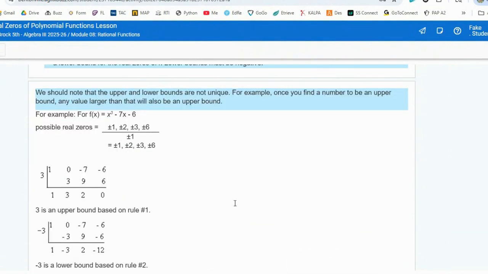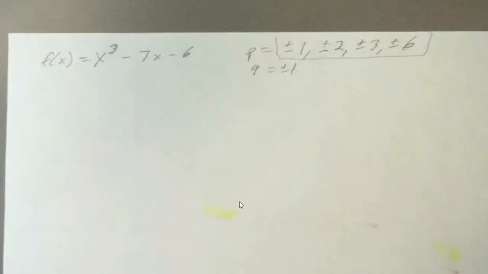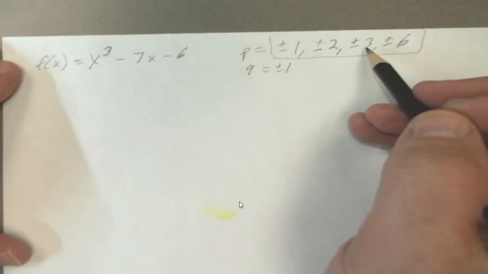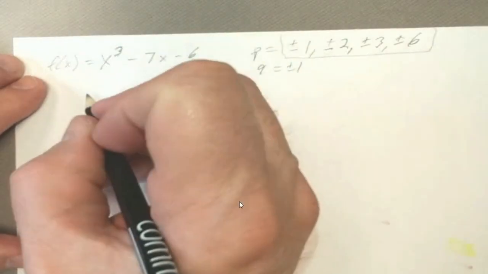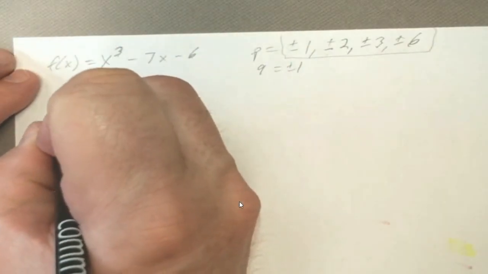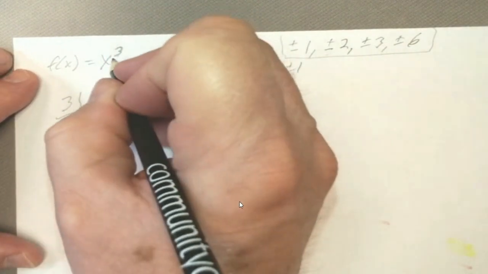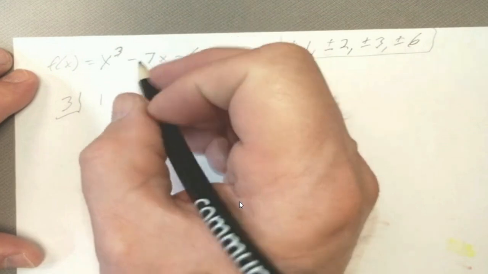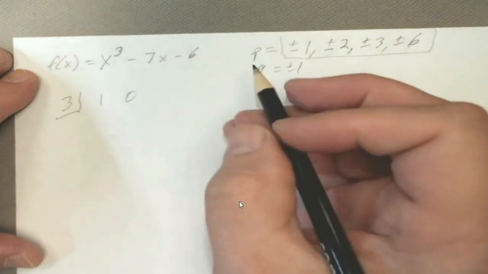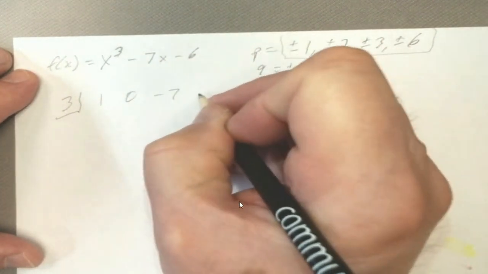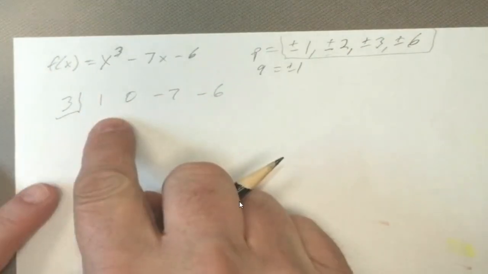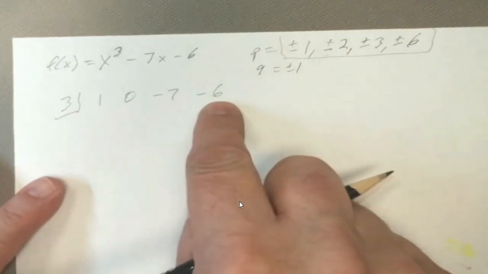And so what they did is they said, okay, let's check 3 first off. We're going to start with 3. So using our synthetic division, the coefficients are 1. There is not an x squared, so it has a coefficient of 0. That's the tricky thing with synthetic division. It has to be x to the third, x squared, x, and the constant.